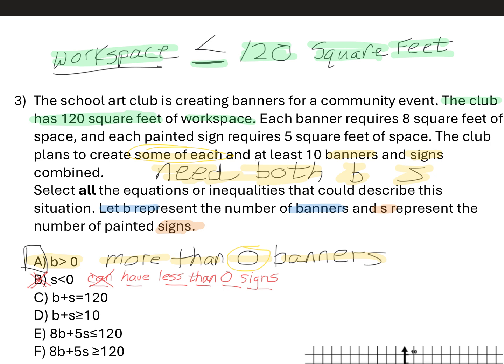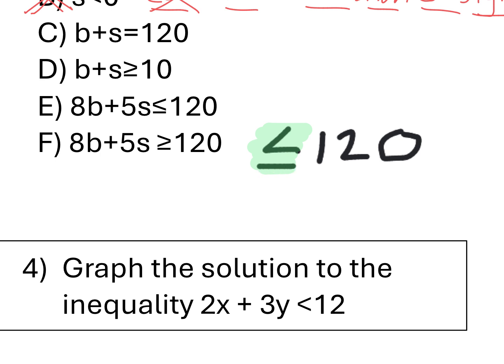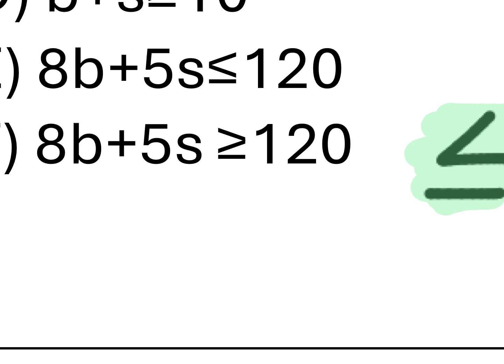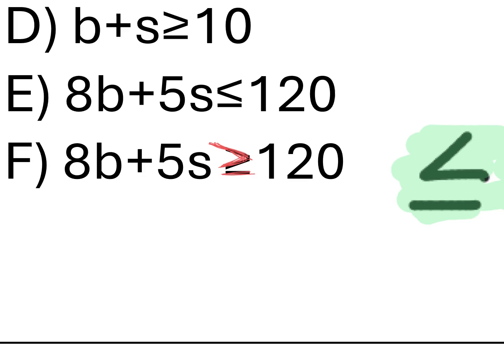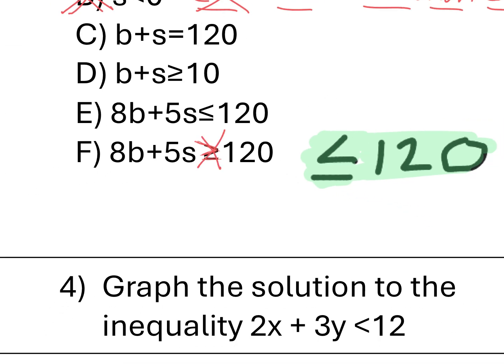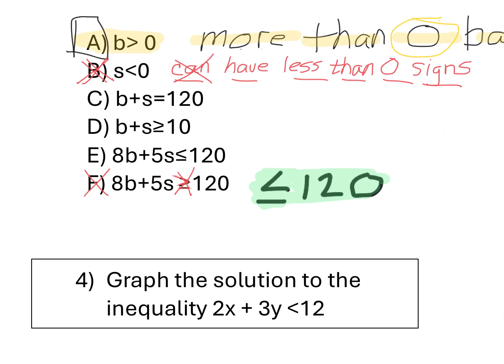So we're looking for an inequality that features less than or equal to 120 square feet. That is the reason that F cannot be correct, because F features a greater than. It's saying the amount of space they could use could be greater than or equal to 120, and we know that that is not true.